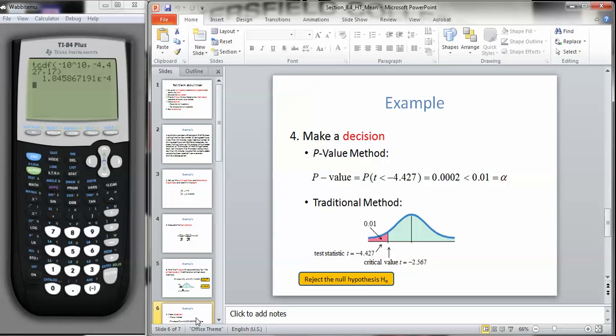Because our test statistic is smaller than that, which is in the critical region for this left-tail test, we also reject the null hypothesis. If you do not remember this criteria, go back to section 8.2's notes. Whichever method you use, which I will specify in the test, both methods should lead to the same conclusion, otherwise something is not correct.